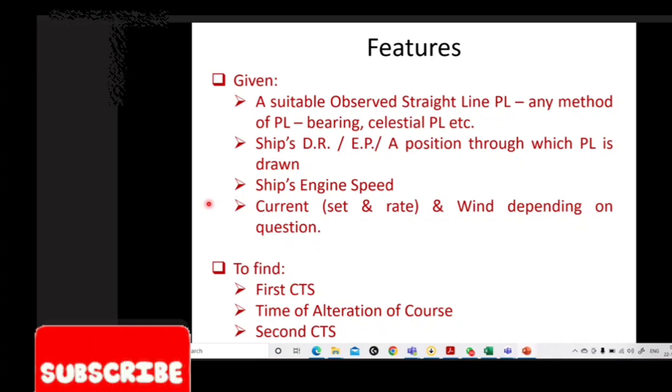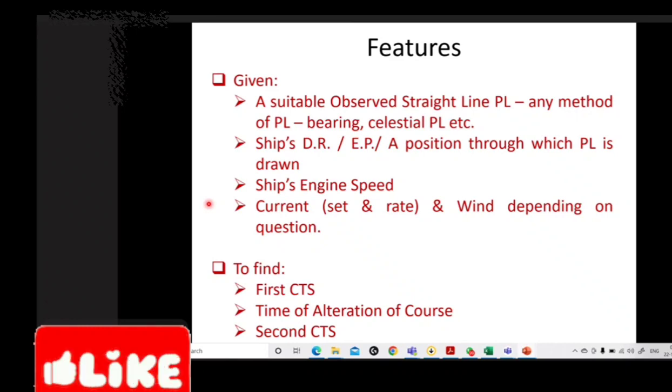Now you will say, sir, why are we talking about it? Beta, in today's age of GPS, things have changed, but just imagine a situation without GPS. Suppose your radar has conked off. You have managed to get a PL through some method, maybe by visual bearing or radar, and then visibility goes bad, radar conks off.